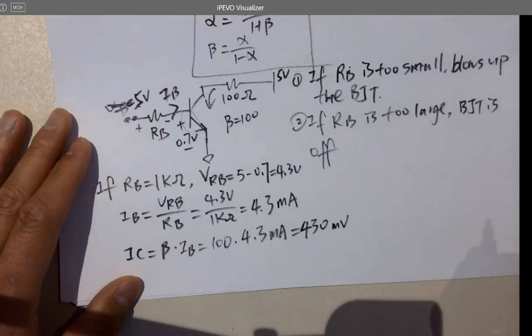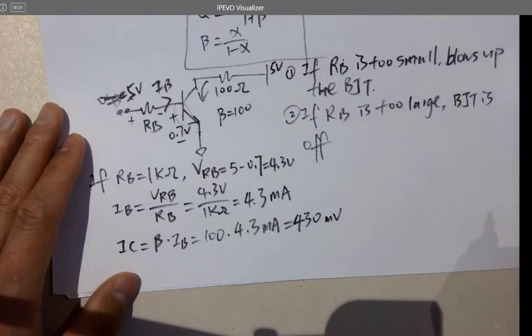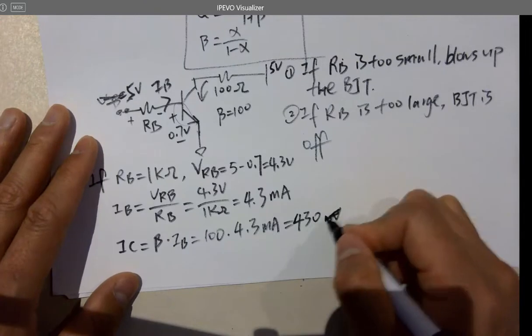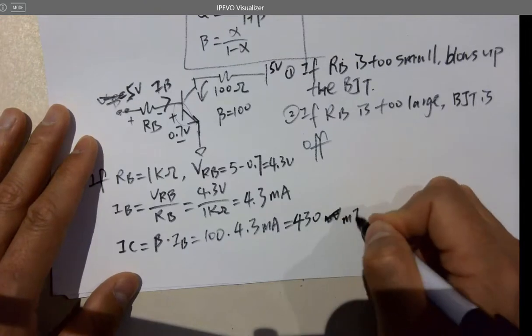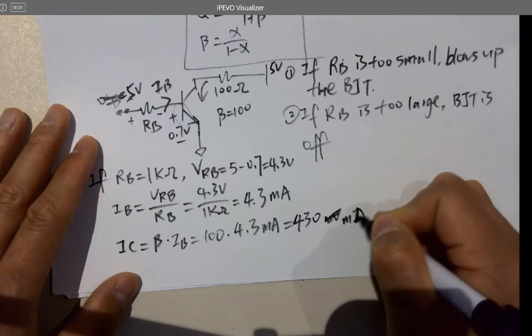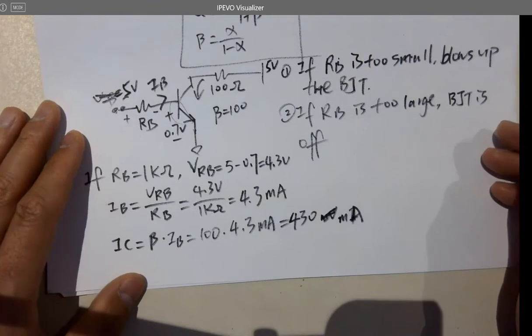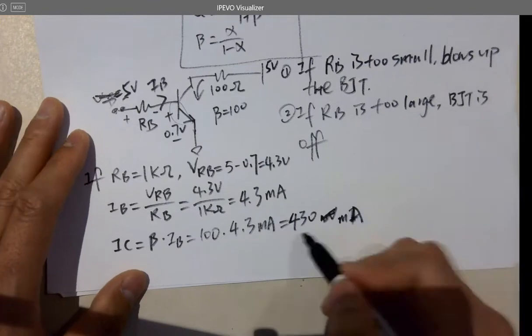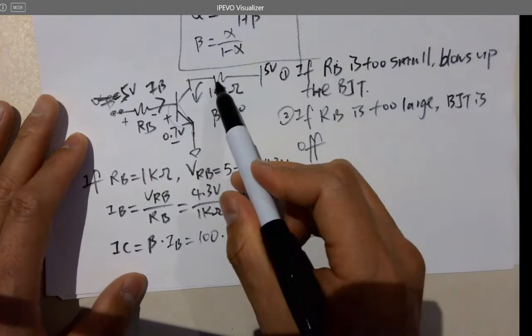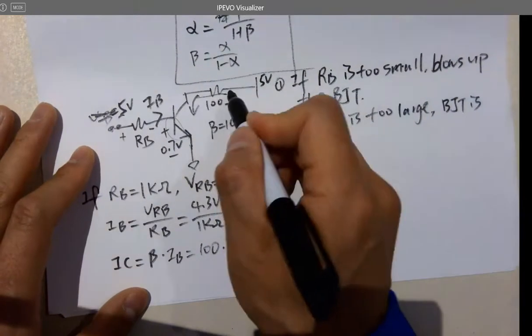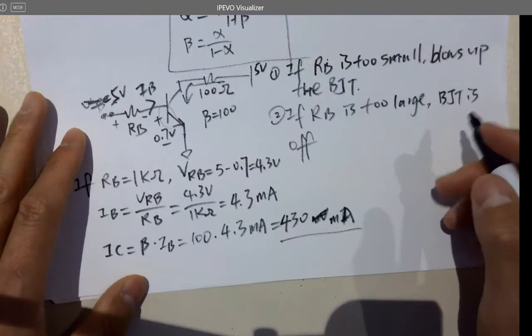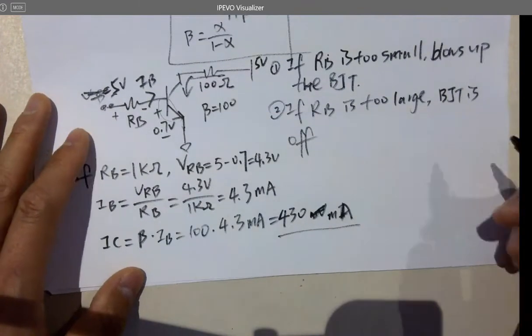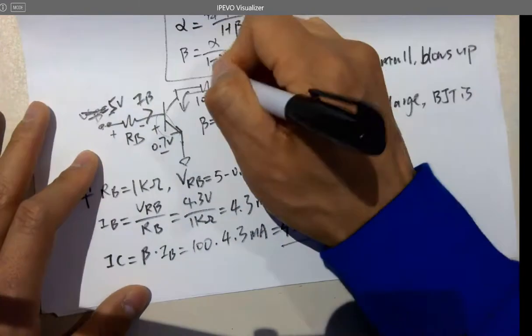Yeah. Oh, amp, sorry. Milliamp, right? It's pretty large actually when you apply it to this one. So that's the IC, that's the current flowing through the 100 ohms. So how much voltage is going to drop across that? Let's call this RC.